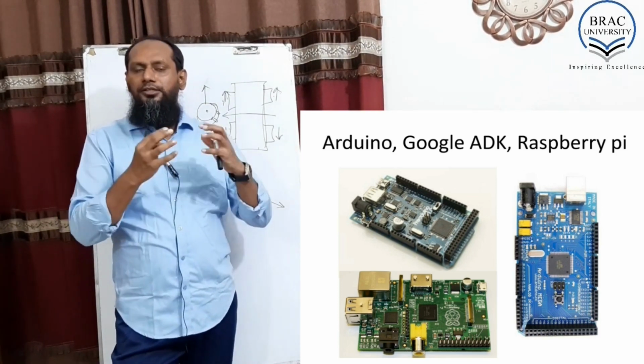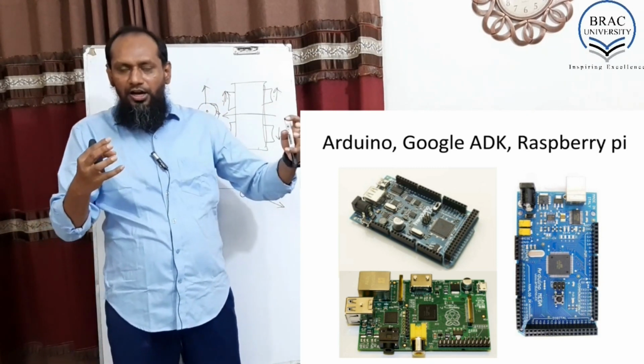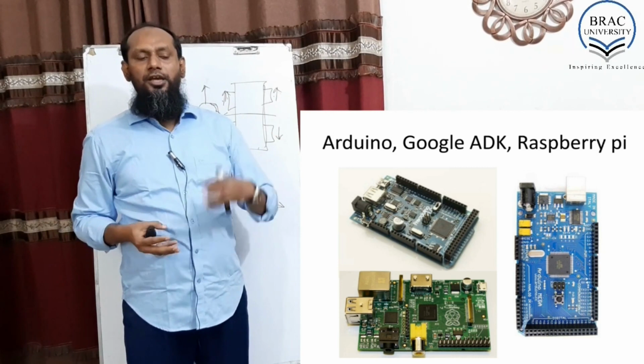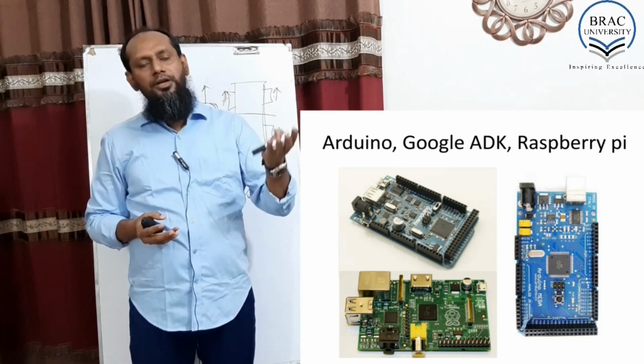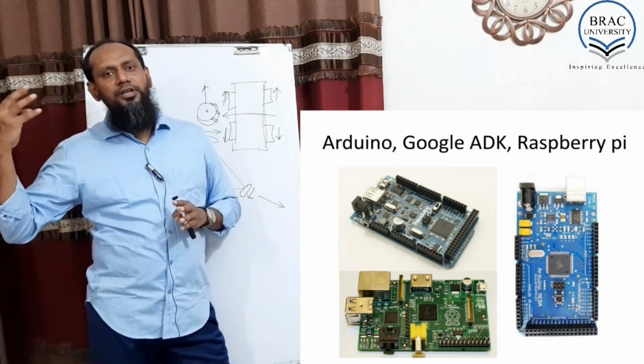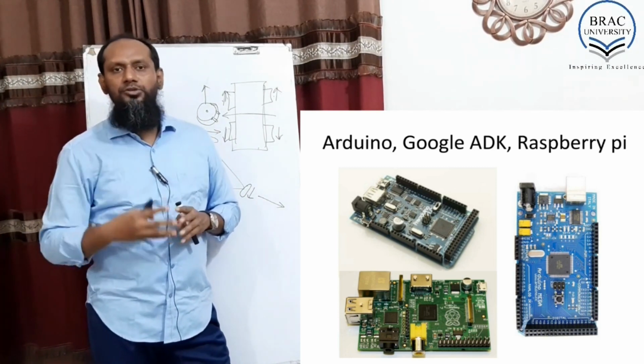This is the combination of a microcontroller and a microprocessor, a microcomputer. It's becoming very popular nowadays, and you will be surprised to know there are some nano satellites where people used Raspberry Pi.